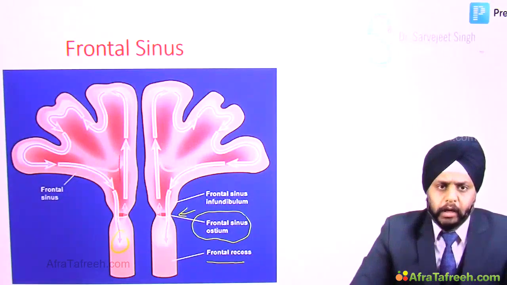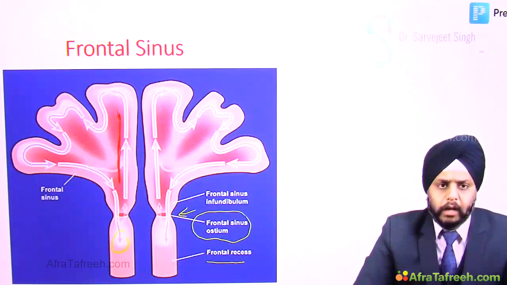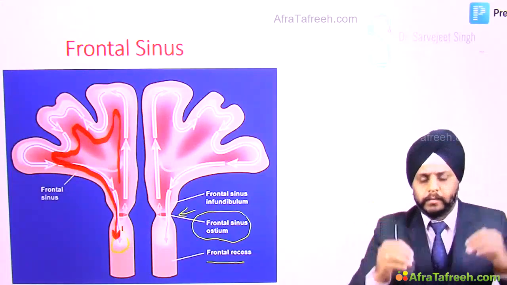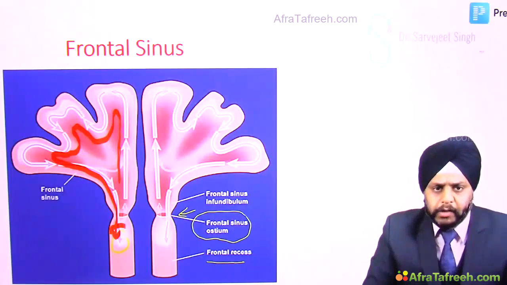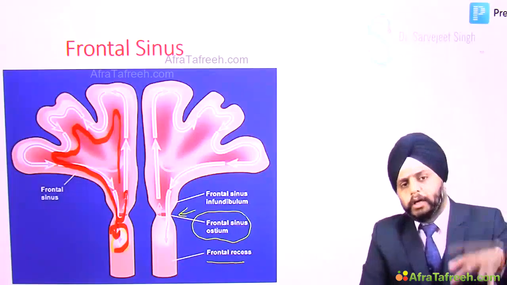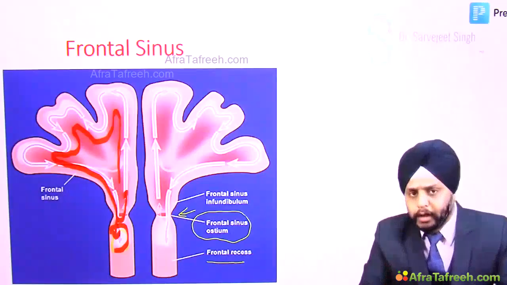These secretions go in a circular way: they start from here, go all around, and come out from the peripheral side. If there is a blockage over here, even a partial blockage, it will encourage more secretions going back.